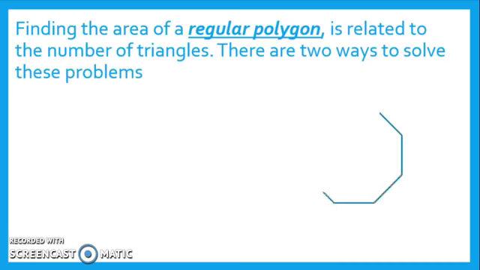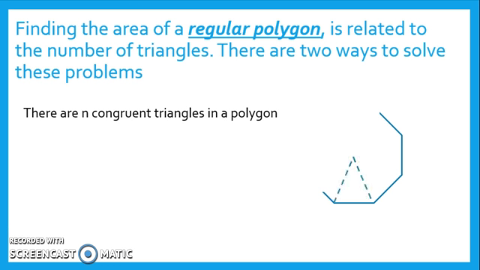To find the area of a regular polygon, it's related to the number of triangles that are created. There are 2 ways to solve these problems. There are N congruent triangles in a polygon. N is the number of sides on the shape, so on a hexagon, N is 6. We've got a triangle right here, and we've got the apothem.